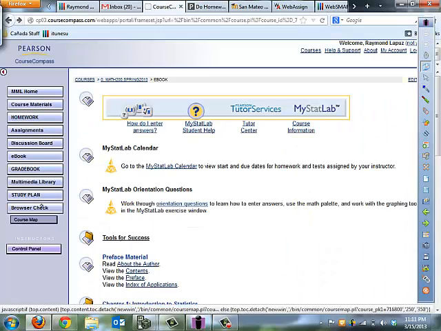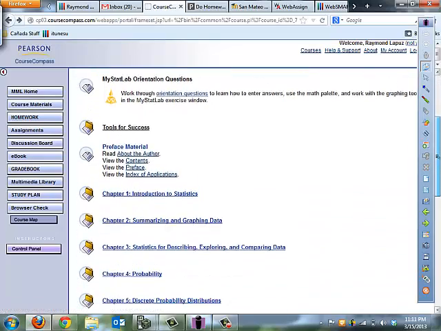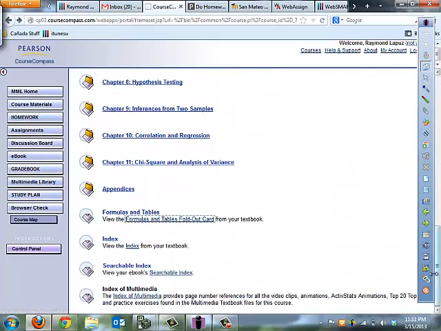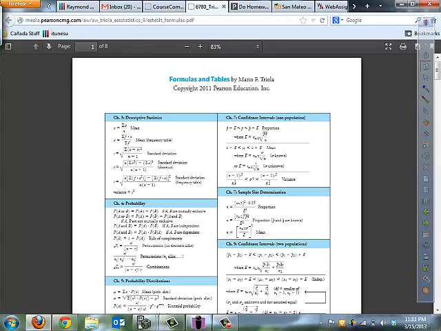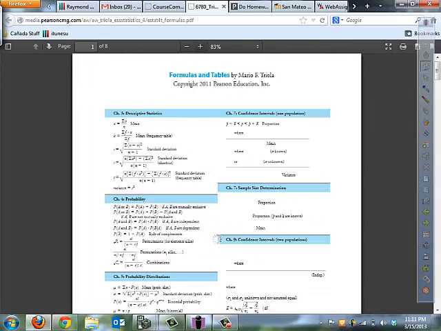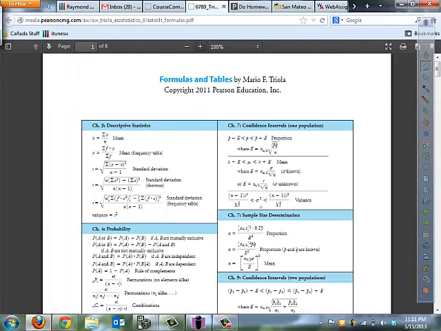So let's take a look at that formula. If we go to the ebook and scroll all the way down and take a look at the formulas and tables fold-out card, we see immediately over here a formula for the confidence interval for one population variance.